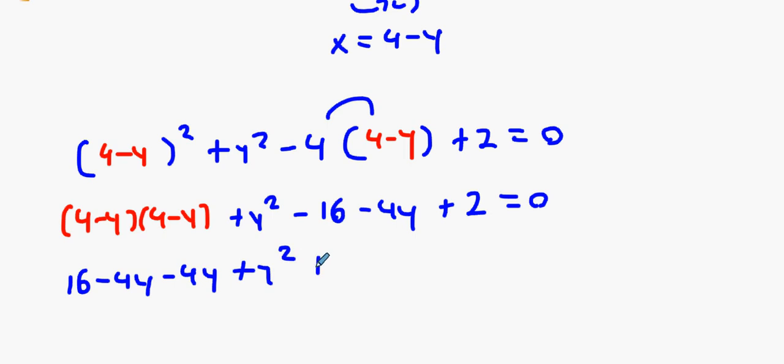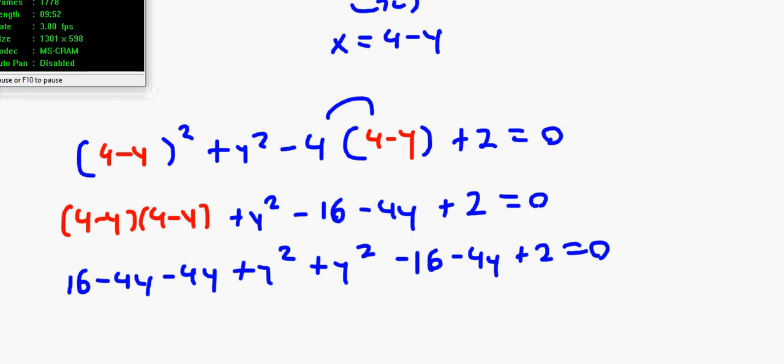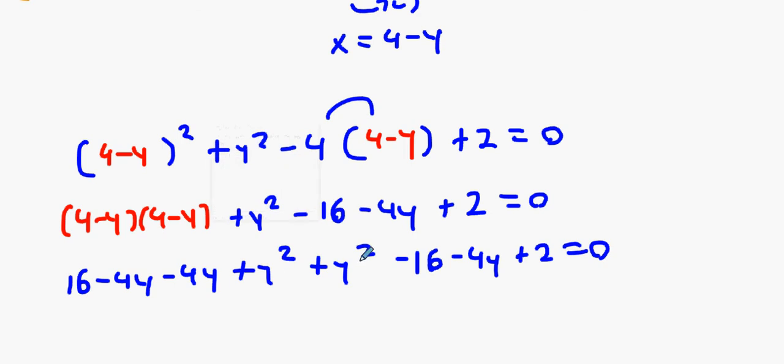Please remember there's two y squareds in there, okay? Not one, there's two of them. Try not to make that mistake if you can help it. Now, y squared plus y squared is 2y squared. That means minus 12y for that.